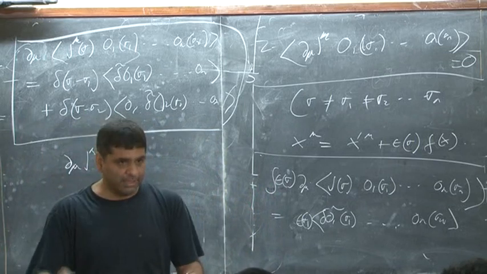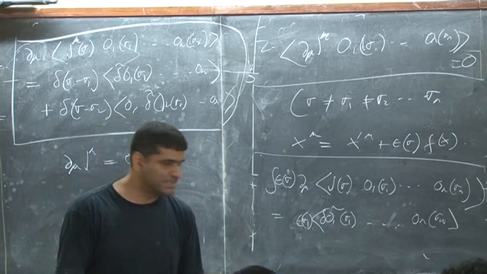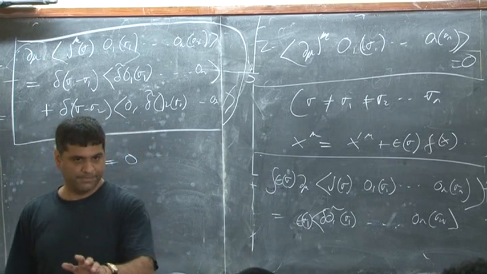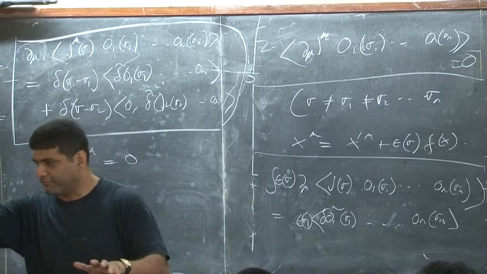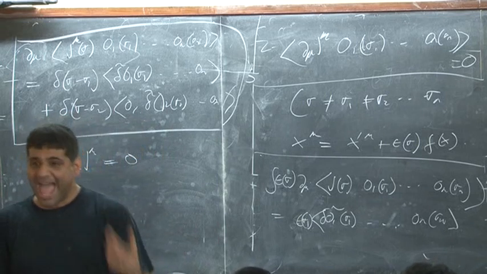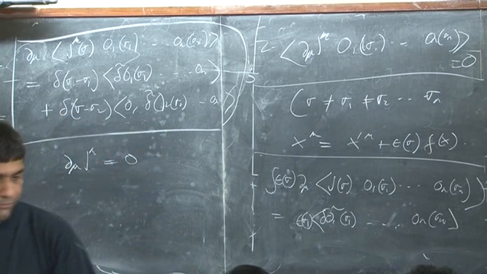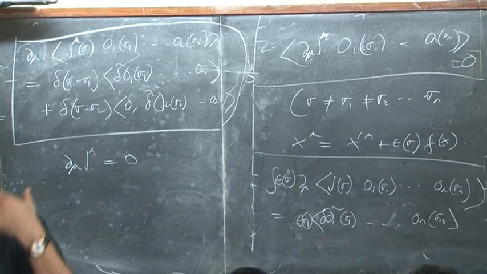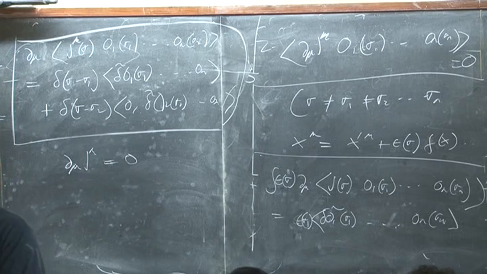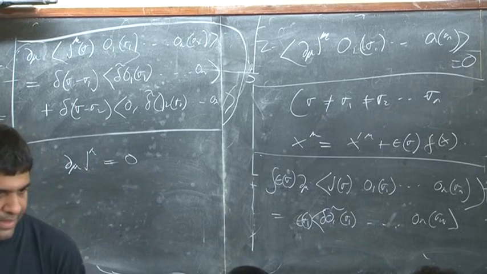What is the function? The function is a function of m plus 1 variables: the insertion point of J and the insertion points of the other operators. As a function of these variables, this function is conserved.